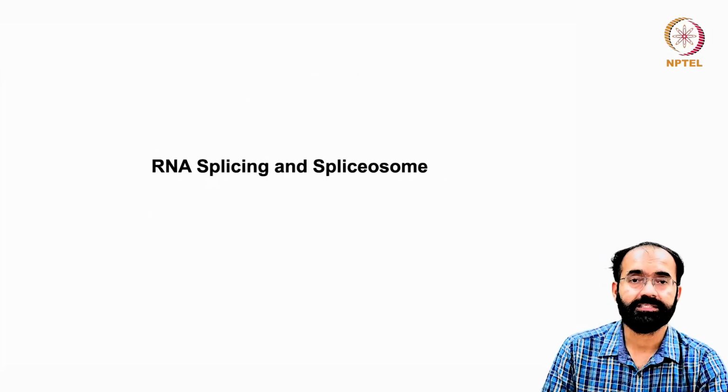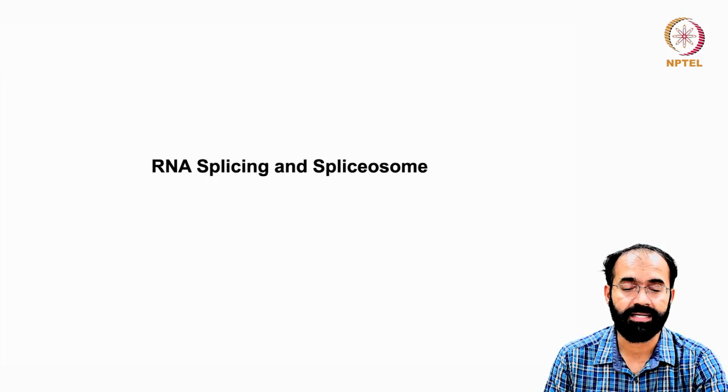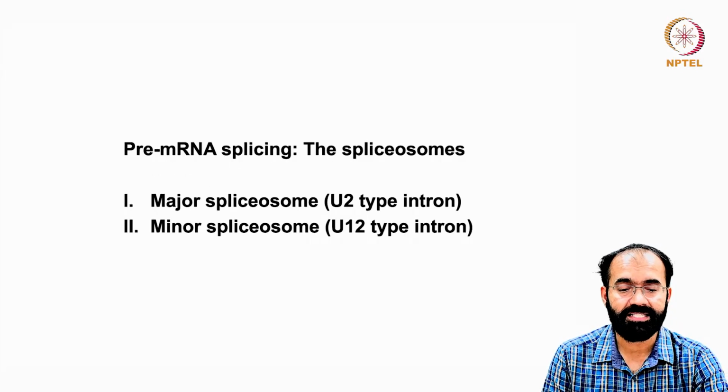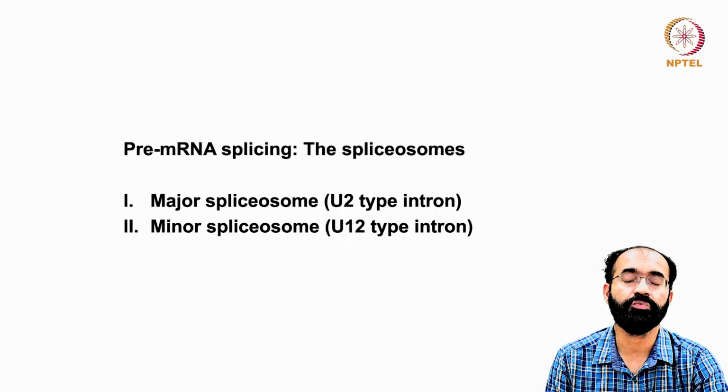And now let us look into RNA splicing a little bit more in detail, with the spliceosome in focus. Pre-mRNA splicing is broadly classified into two: one is via the major spliceosome and another via the minor spliceosome. The major and minor have nothing to do with their size but are based on their frequency.